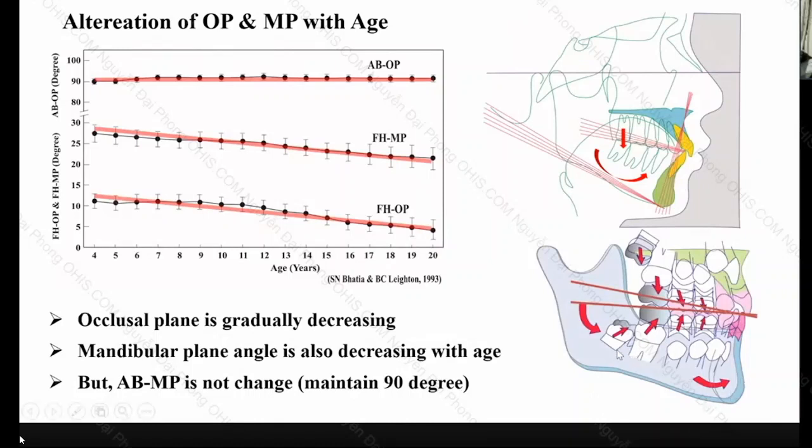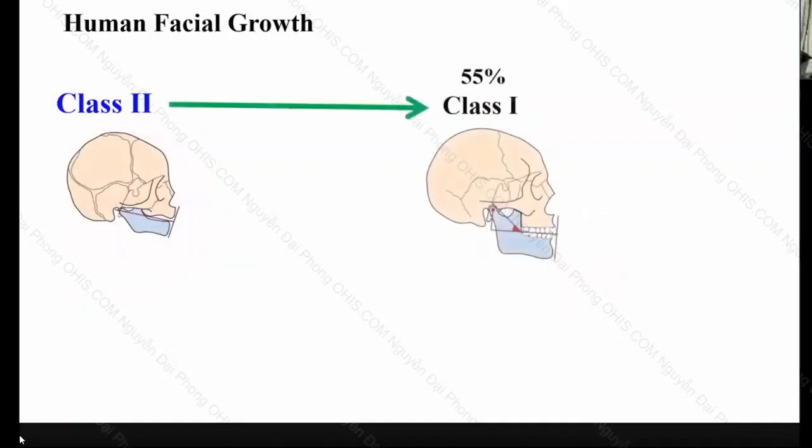And finally, many people establish a class 1 upper and lower jaw relation. So good. This is an adaptation of the mandible. So that's why the human face shows such a wide variation; human facial growth is something like this.